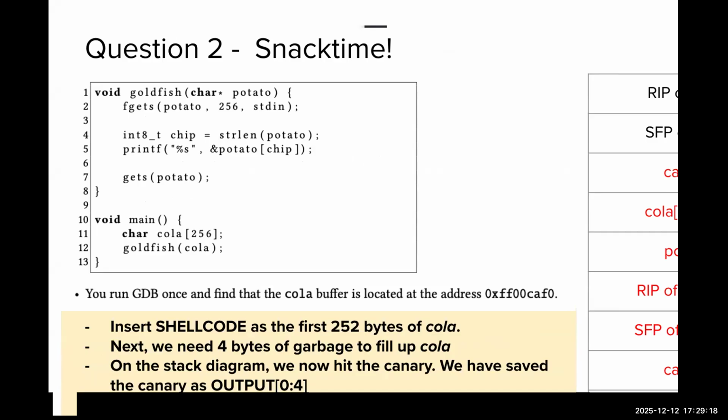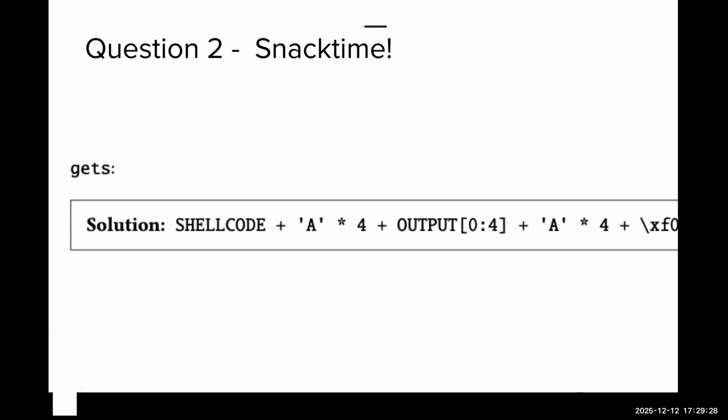Yeah, so there's multiple ways to do this, as always. You can put the shellcode before the RIP, or you can put it after the RIP. The solution here puts it before the RIP.